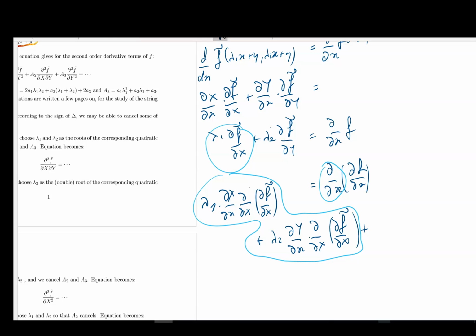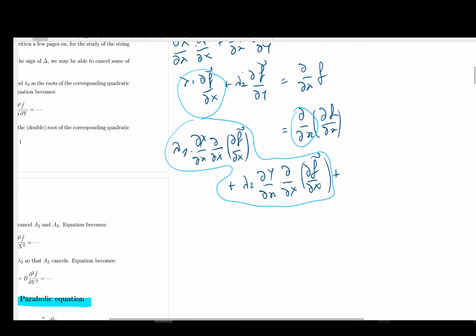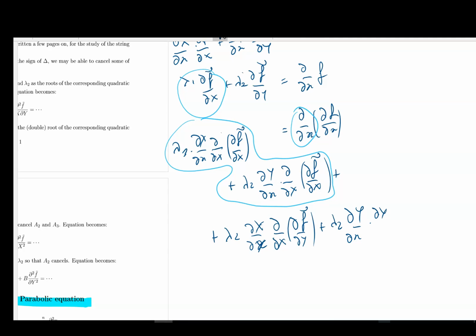Then I treat the second one, so I get plus lambda 2 times dx over dx, since I'm still doing the derivative according to x, of d over dx of df tilde over dy, plus lambda 2 dy over dx, d over dy of df tilde over dy.